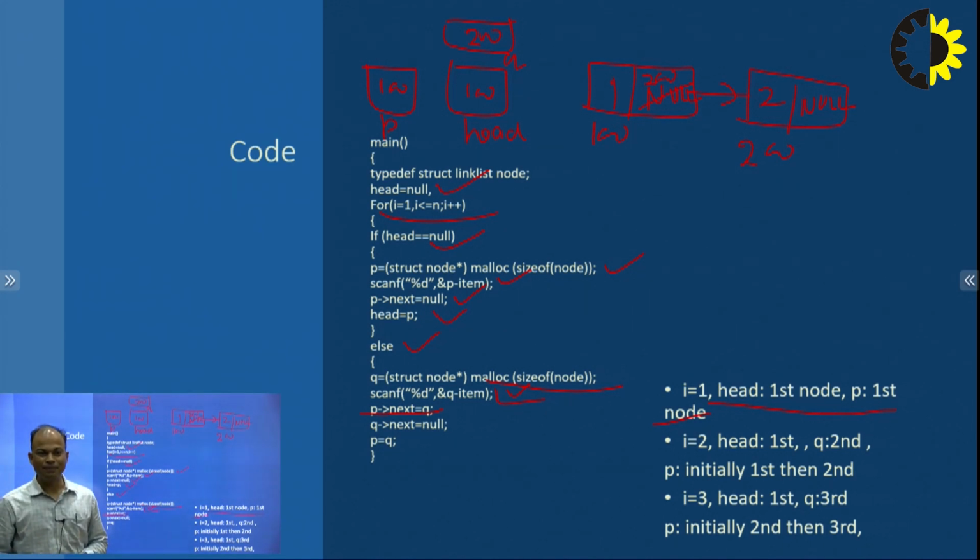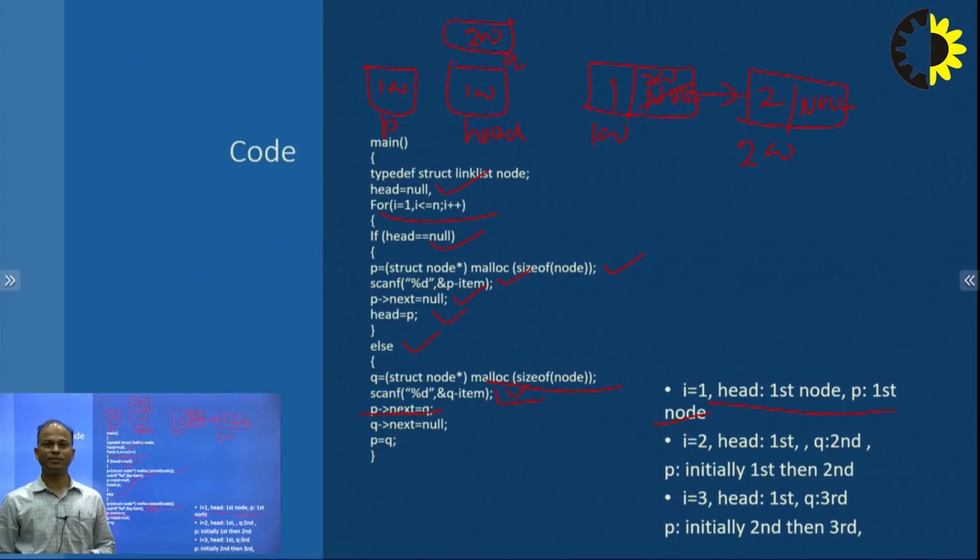So basically, if you want to create nodes at runtime, you can use the linked list. At runtime, you can decide how many nodes are required. So you can take the value of n at runtime.